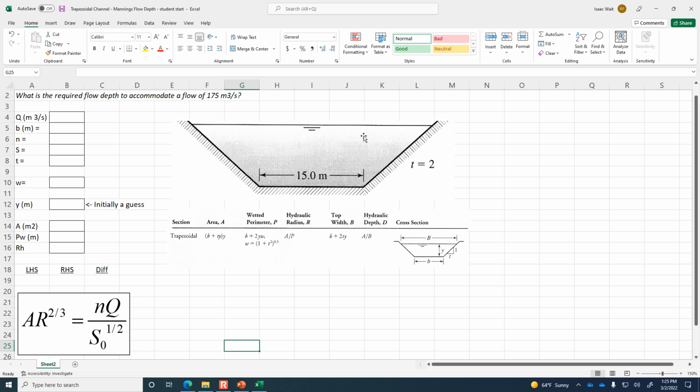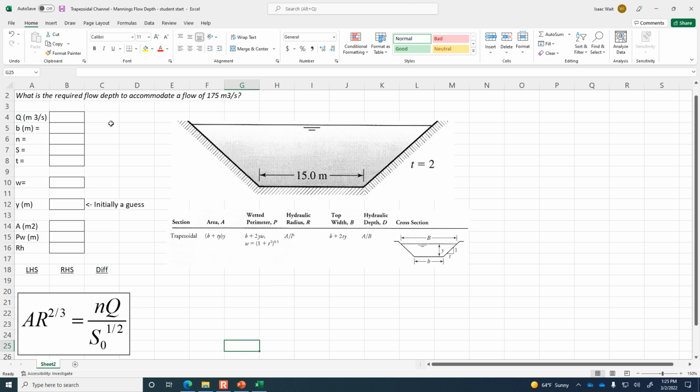So if we have a depth of 1 meter, then that means that there would be 2 meters of extra length across the top on the right side and 2 meters of extra length across the top on the left side. So if the depth was 1 meter, then capital B, the top width of the channel, would be 15 plus 2 plus 2, so it would be 19 meters.